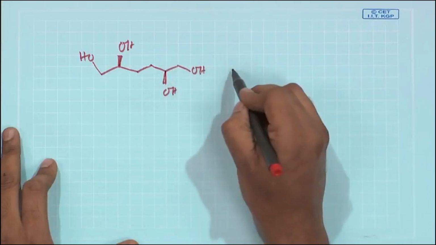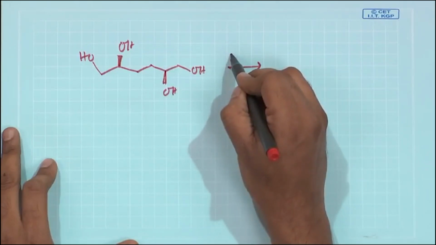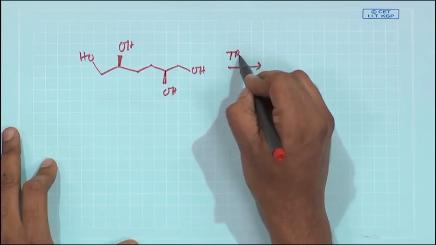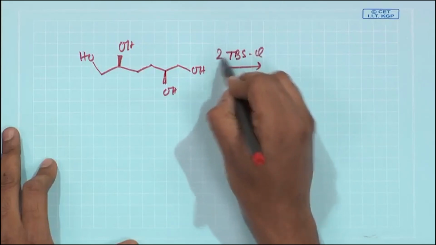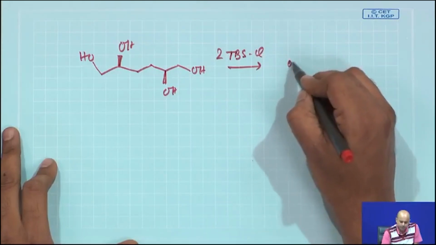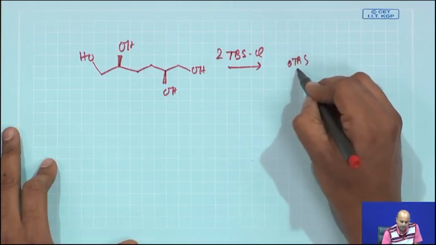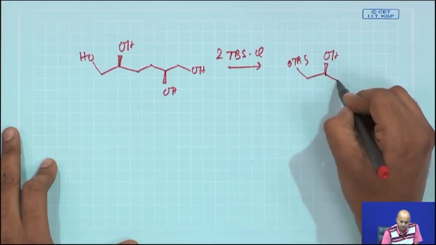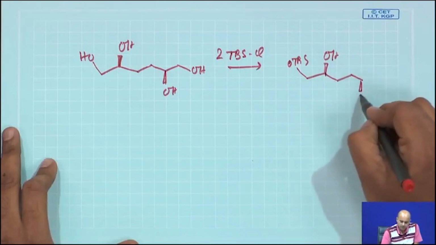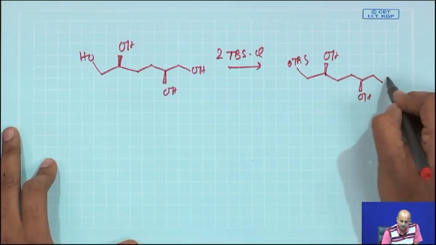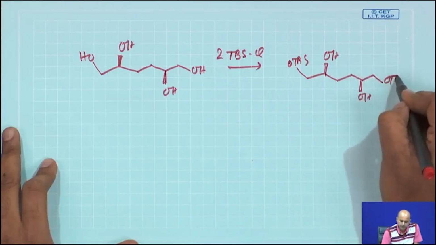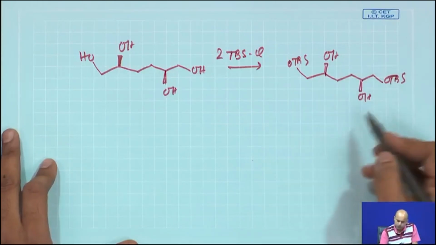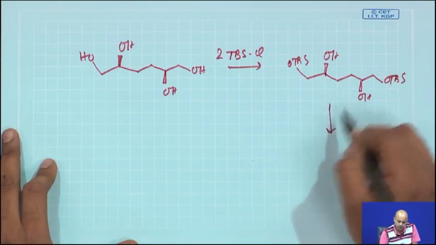First you do a protection with TBS chloride, 2 equivalents. So, the primary group will be protected as OTBS. Now, here you can do an inversion to follow the same way, otherwise you can do it another way also.